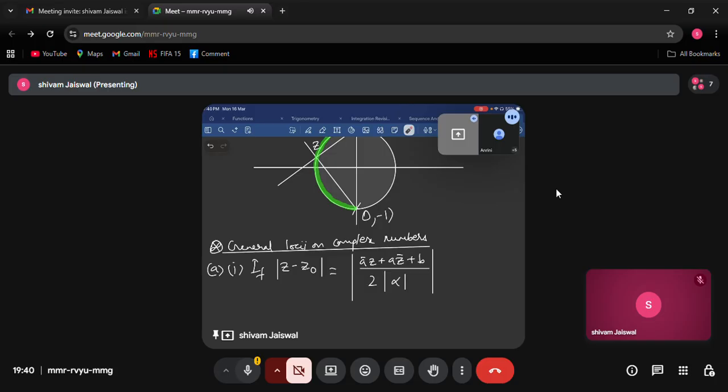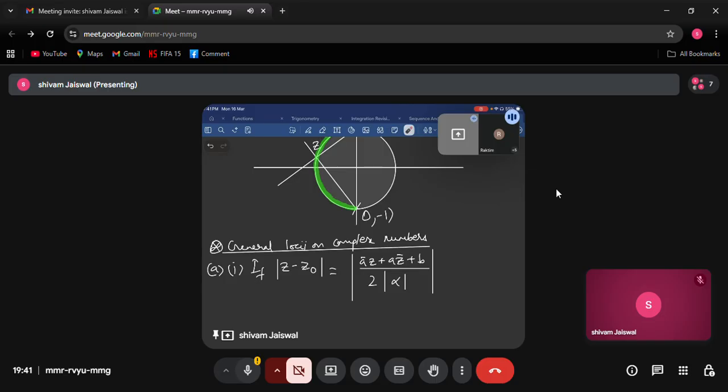What is a bar z plus a z bar plus b? Equation of straight line. So it is the perpendicular distance of a point from a straight line. Exactly, distance of a point from a straight line, right?